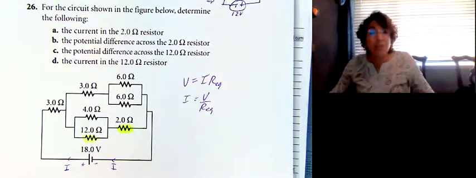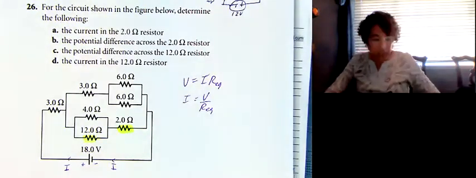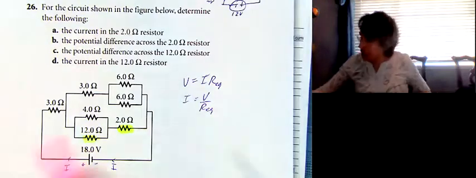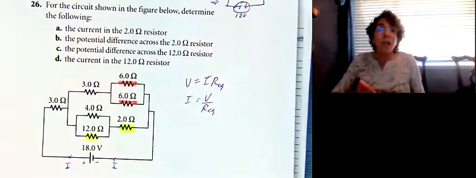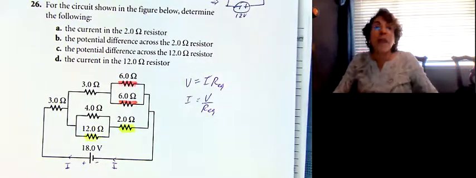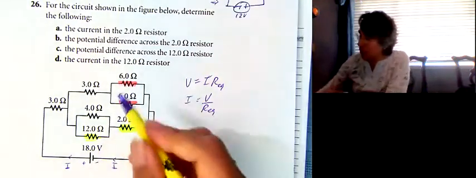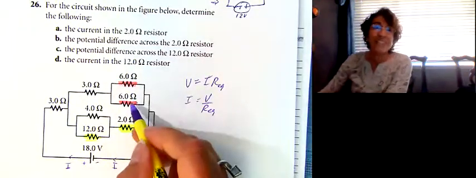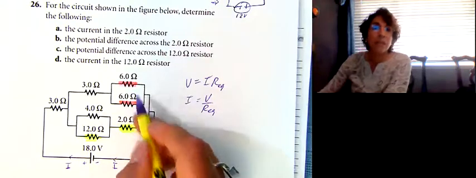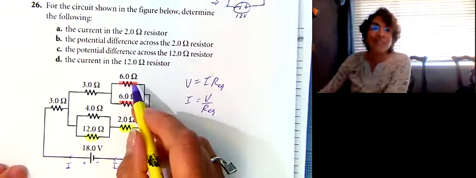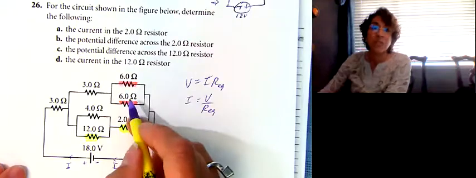All right, so let's take a look at the circuit. First thing I notice, I'll use pink here, is that this 6 ohm resistor and this 6 ohm resistor are in parallel to each other. And hopefully you've noticed that when you have resistors in parallel with exactly the same magnitude resistance, the equivalent resistance is half.